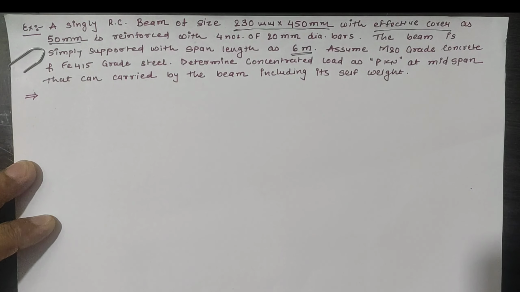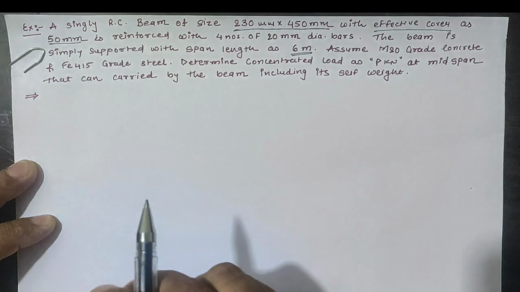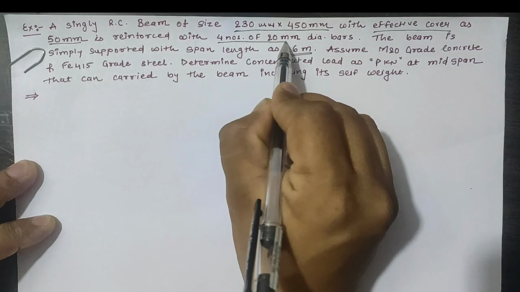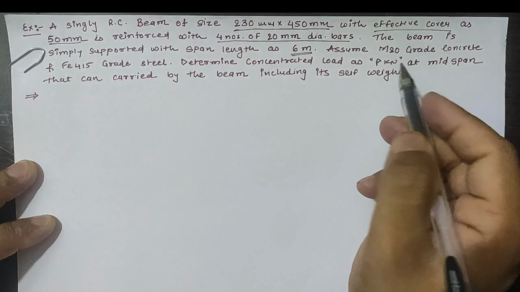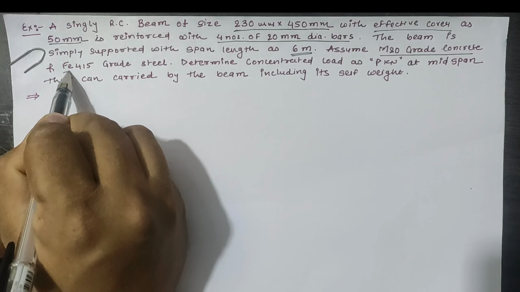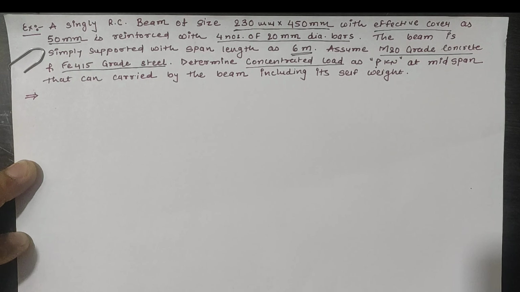It means that the effective depth is 450 minus 50, it is equal to 400 mm, and reinforced with 4 numbers of 20 mm dia bars. We have given M20 grade of concrete as well as Fe415 grade of steel. So first of all, data is given to us.